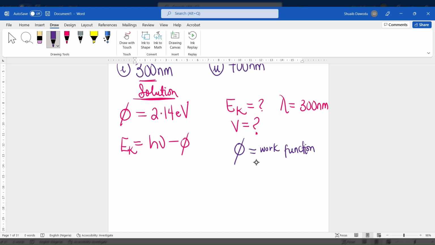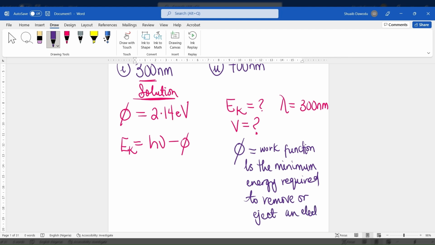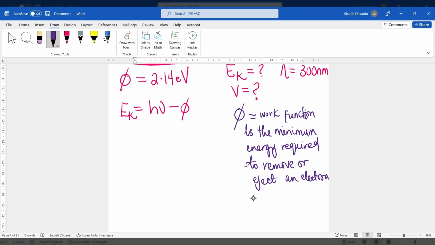Work function is simply the minimum energy required to remove or eject an electron from the surface of a solid material. That is what work function is.